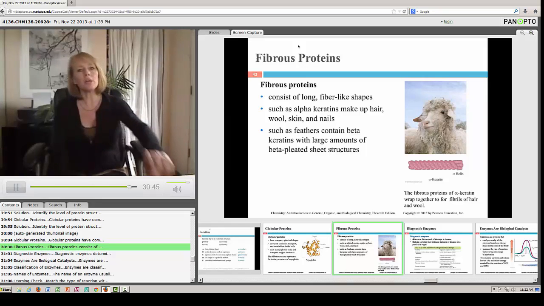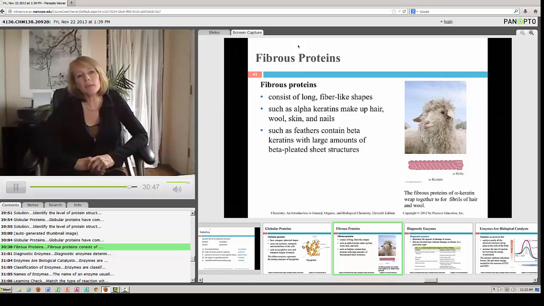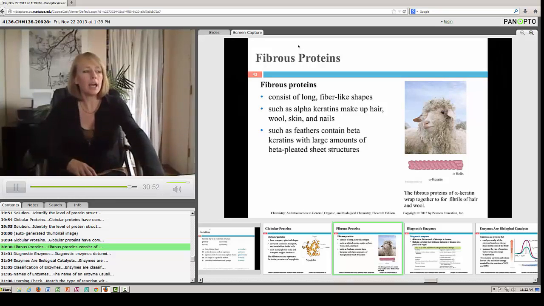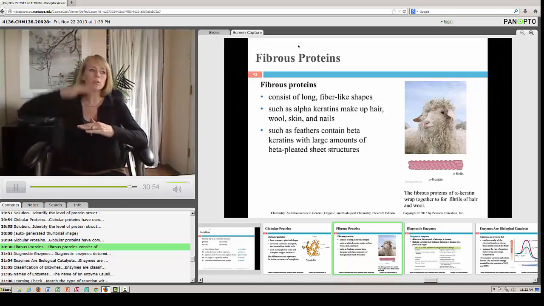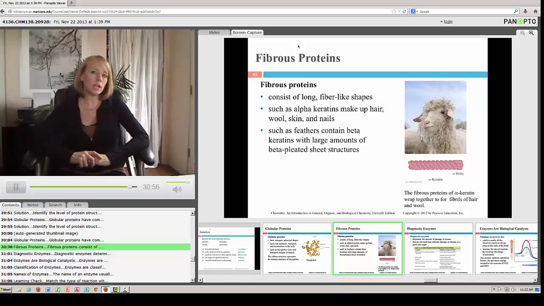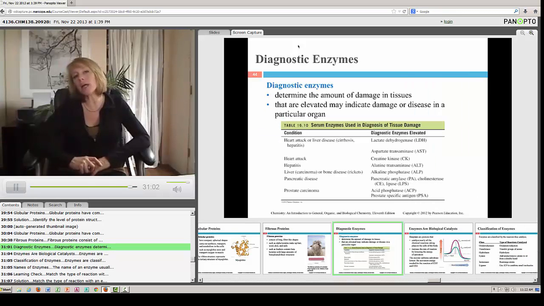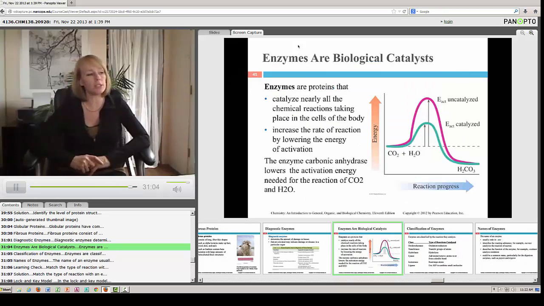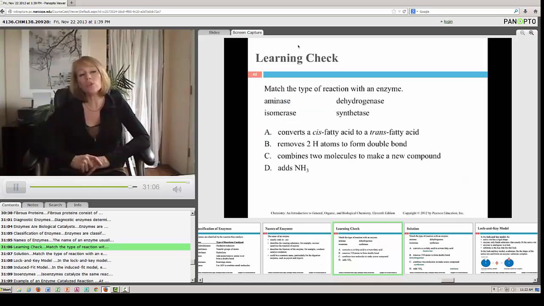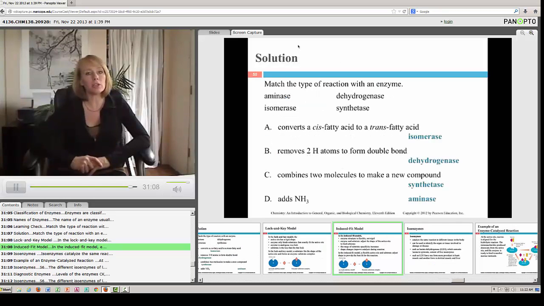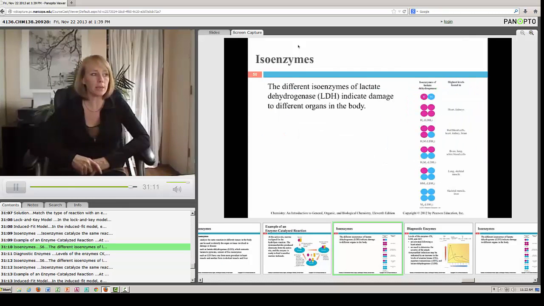Enzymes are also a type of protein. Enzymes act as catalysts in biological reactions. Remember that catalysts have the ability to lower the activation energy in order to get a reaction to go forward. Without enzymes, we would not be alive because it takes too much energy to get a biological reaction to go forward without an enzyme being present.